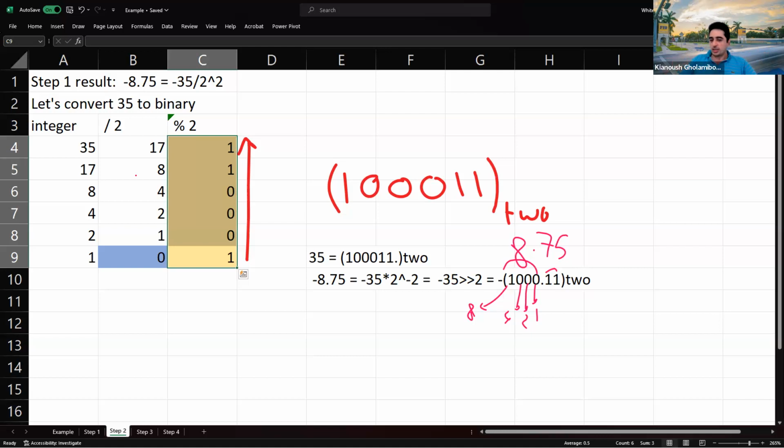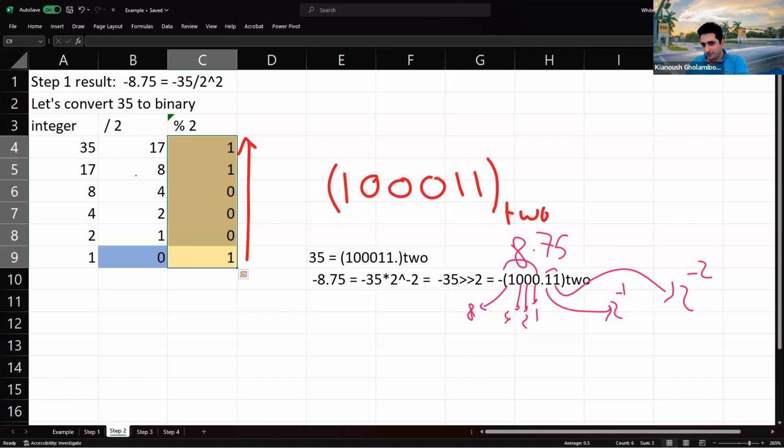When you go to the other side of the binary point, the weights become negative powers of 2, which means 2 to the power of -1 or half, then 2 to the power of -2 or quarter. So the weight of this one would be 2 to the -1, which is half. And the weight of this one would be 2 to the -2, which is a quarter.